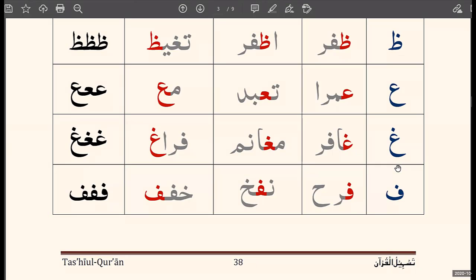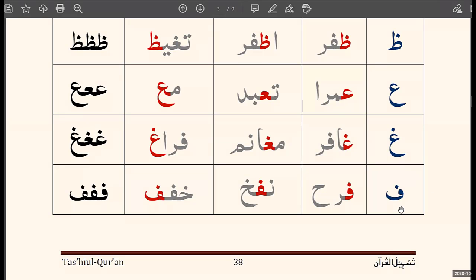Noon, long, all that, because these are disjointed letters. Sometimes they come in the beginning of a chapter and we have to read it in an elongated way in that form. Mim, Ghain, Alif, Nun, Mim, Fa, Ra, Alif, Ghain.